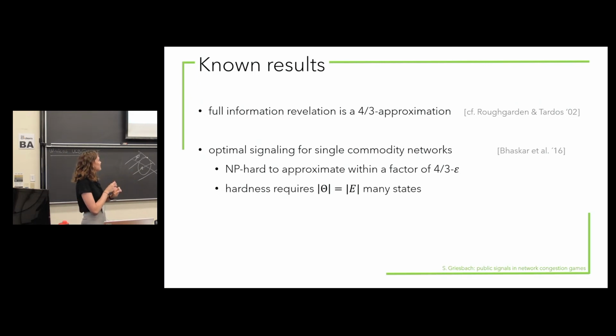And the other thing is the requirement of E many states is a lot. I mean, if we just imagine we are in New York and we want to build one more road, then we would require an additional weather condition, for example, for this hardness to hold. So maybe in real life we don't need that many states.